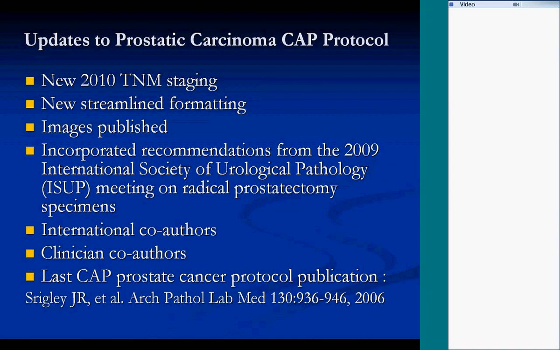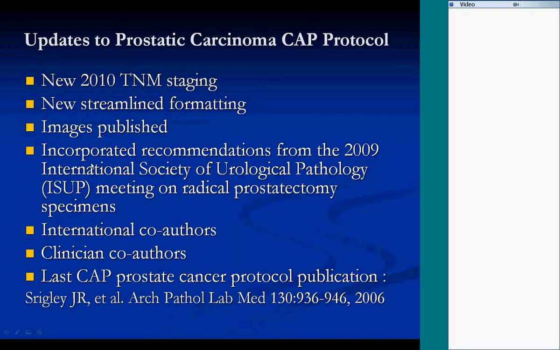And for the first time, we also have images published, several of which are from the AJCC Cancer Staging Atlas. Those are some nice illustrations, and there is one that we'll see later on that Dr. Shrigley and I created.